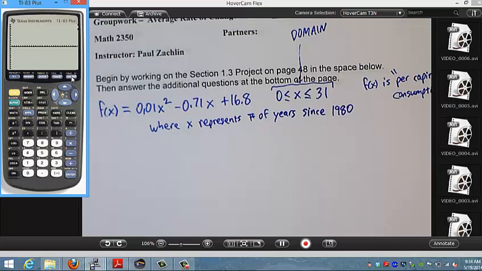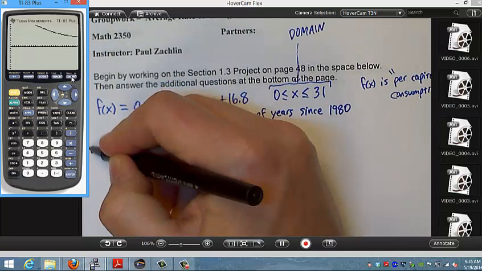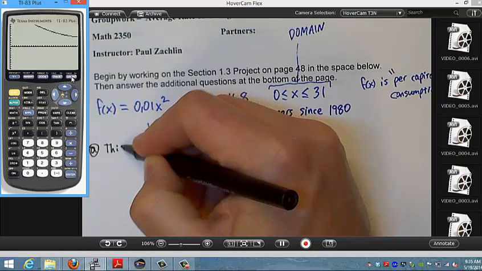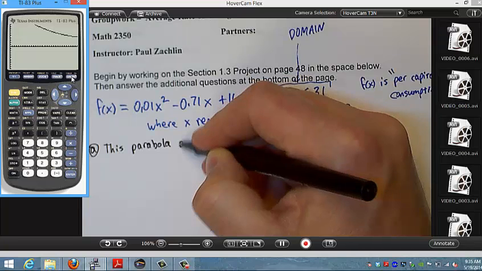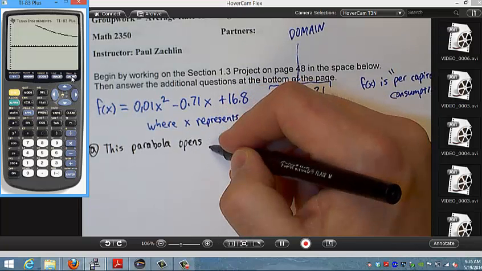I'm going to press graph again. Well, now I can actually see some of it. You see that? Is that a parabola? Well, we know it is from our algebra class. I can't see the whole parabola, but I can see the part that I'm interested in. So my answer to part A is that this parabola opens upward.